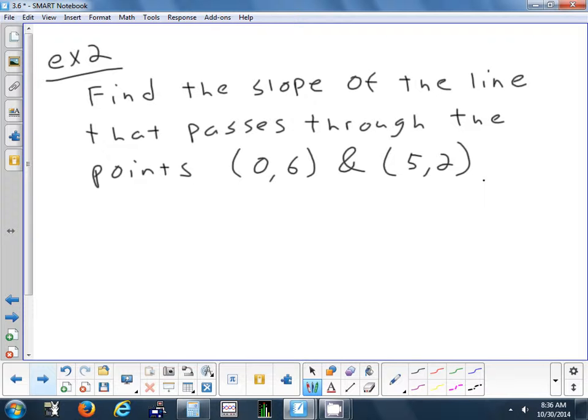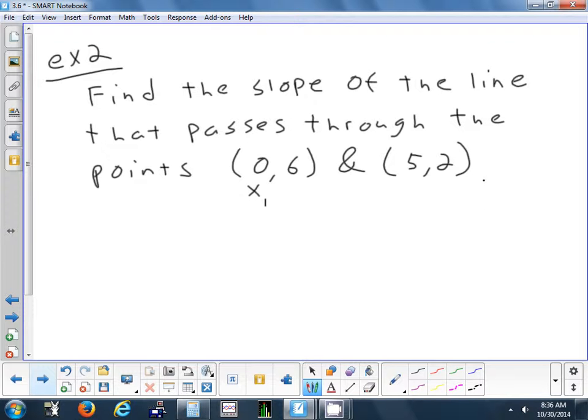Okay, so let's start with the point (0, 6). What could we call the 0? Could it be x1, x2, y1, or y2? We do have a couple options here. Yep? Yeah, it could be x1. It could have also been x2.